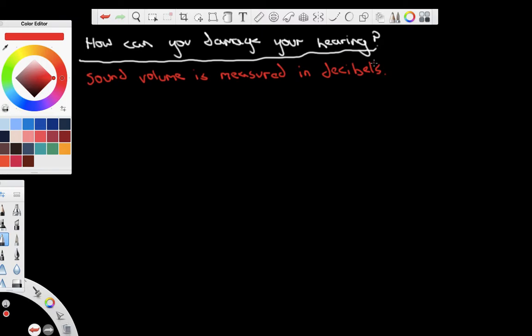Now, you can damage your hearing a number of ways. Very loud sounds can damage your hearing.